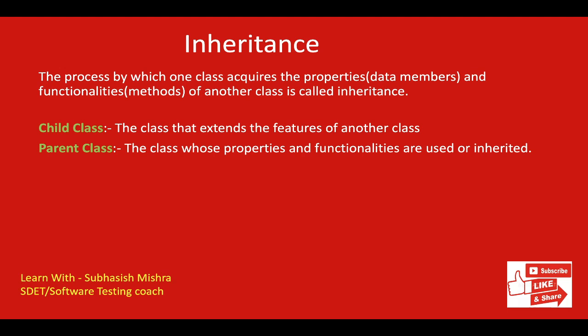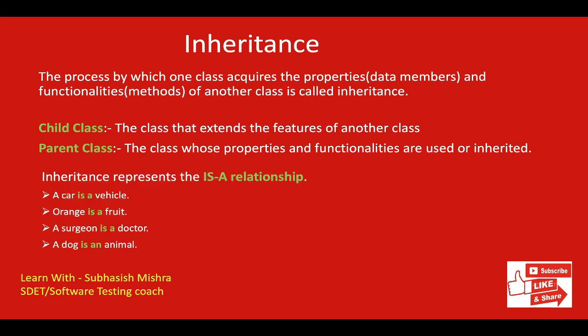So, inheritance is a process of defining a new class based on an existing class by extending its common data members and methods. Inheritance represents the is-a relationship, which is also known as a parent-child relationship.